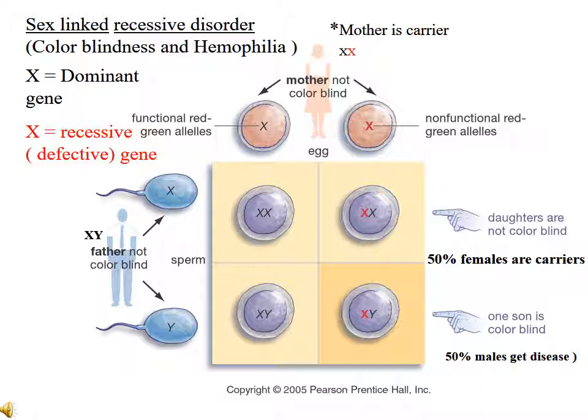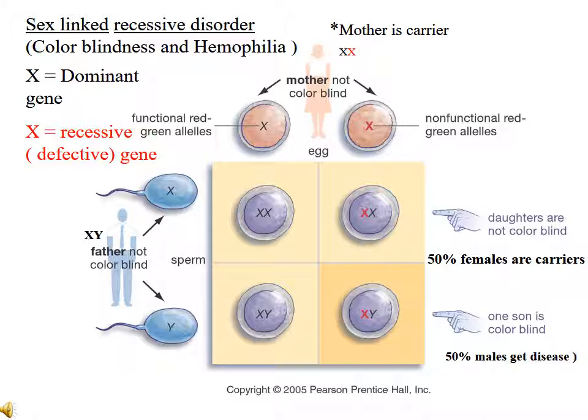So doing a cross between the mother and the father in this case, we look to see what is happening. The father will produce 2 gametes, the X and the Y. Both are absolutely normal. The mother will produce an X egg and a red X. The red X has a non-functional gene.